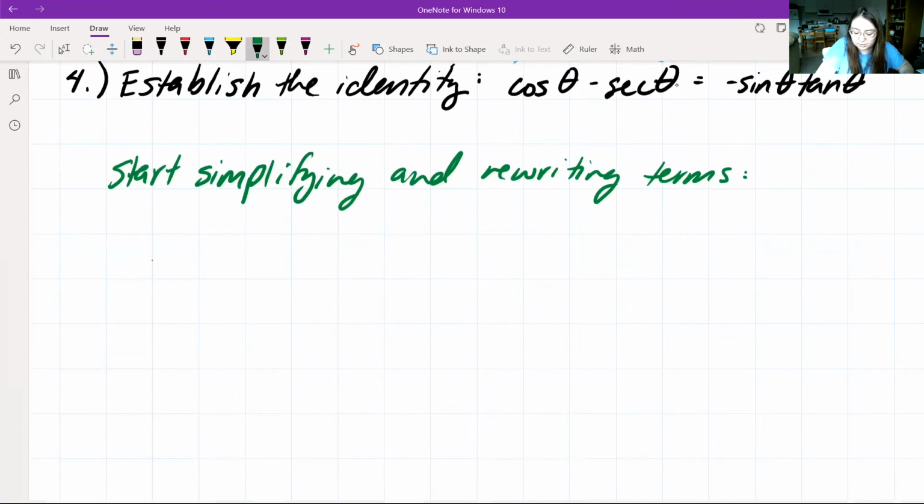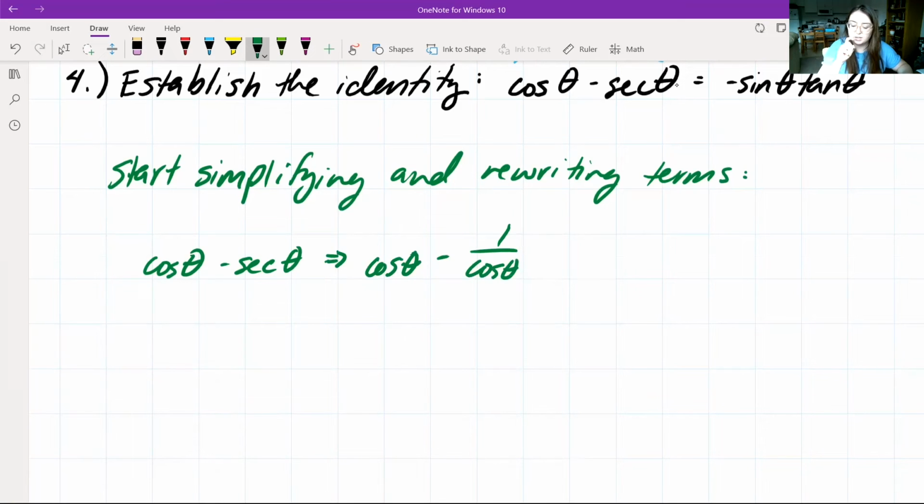So if we have cosine of theta minus secant of theta, there's no clear way that we can rewrite cosine of theta just yet, but we can rewrite secant of theta, which we know is just 1 over cosine of theta. So now we have both terms in terms of cosine. So we can now combine our two terms into just one term.